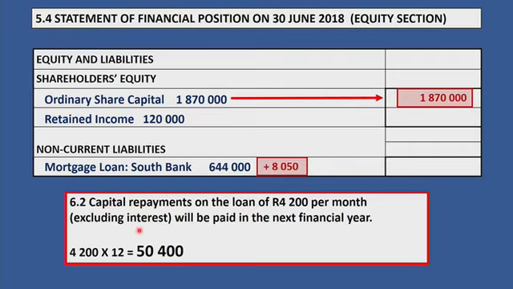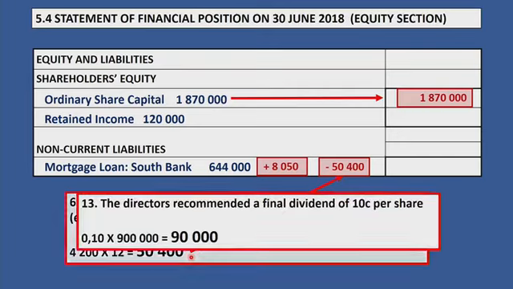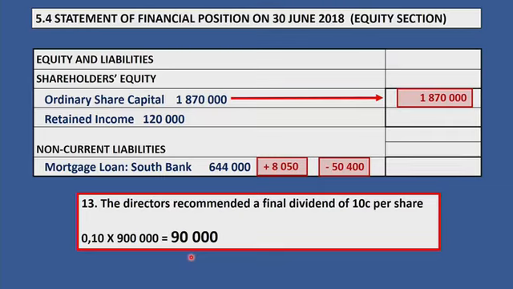And this excludes interest. So in other words, R5,400 will be paid off. And we do know that when we subtract it over here, it goes to the short-term loan. So remember, anything paid off in the next year will be taken out of the loan and taken to short-term loan.